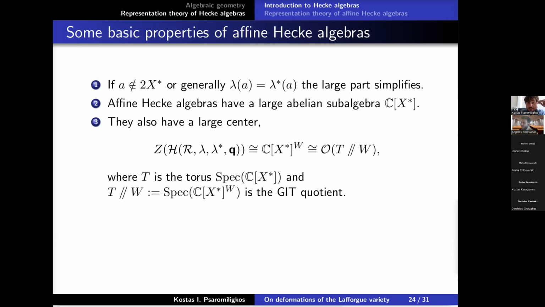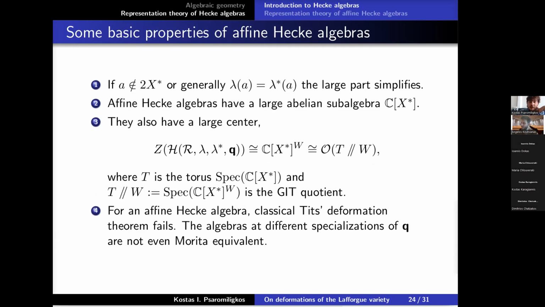And lastly, for an affine Hecke algebra, we don't have the classical Tits deformation theorem anymore. In particular, if you specialize q to different parameters, the algebras you get are not even Morita equivalent. You do anyway have some more general form of the Tits deformation theorem. I was introduced to that by Mary and Irini last year.